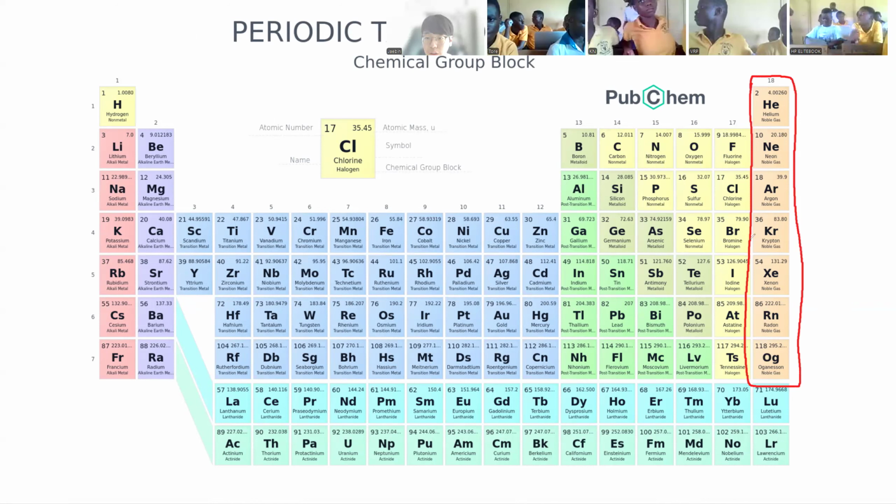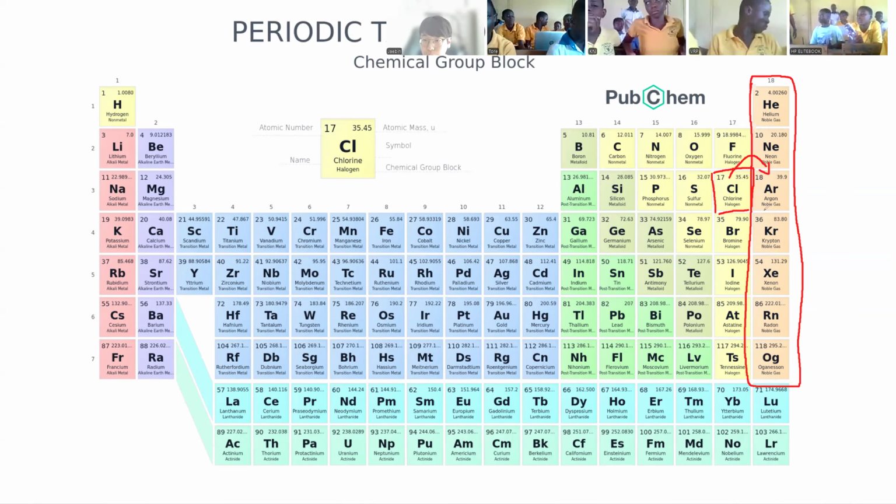We have looked at chlorine, and chlorine is only one electron away from becoming similar to argon, which is stable.